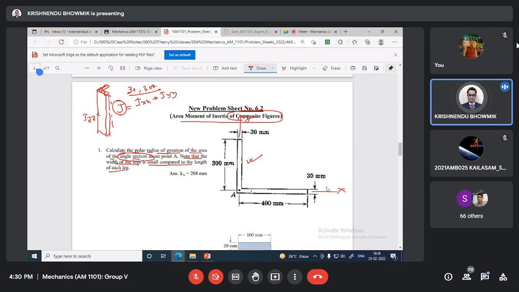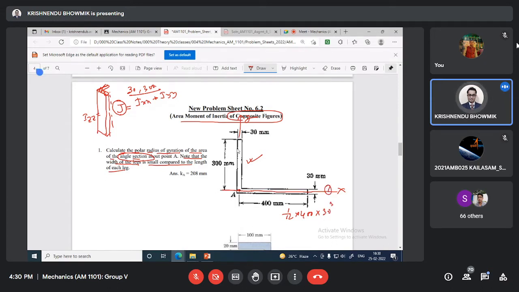So this is X and this is Y. You consider Ixx here. For this case, it is 1 by 12, base is 400, sorry, this is 400 and this is 30 cube, for case 1.